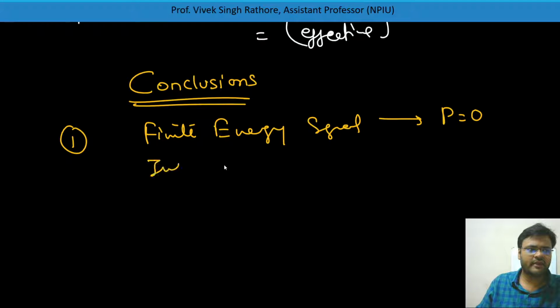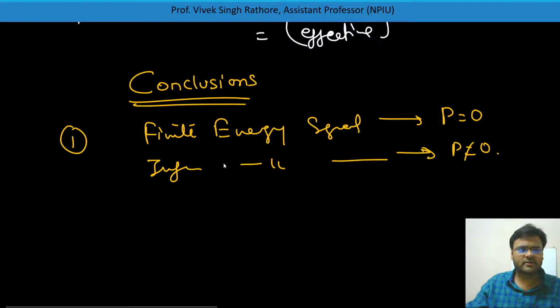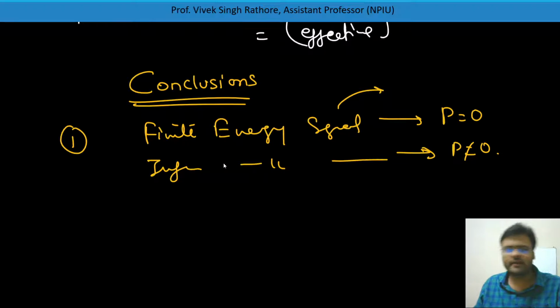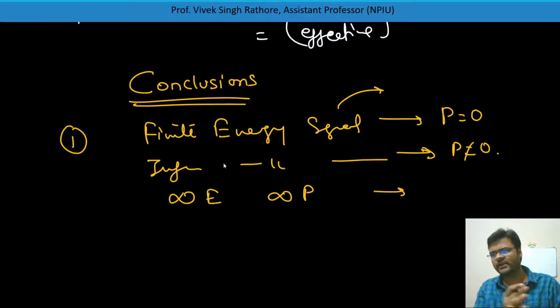For an infinite energy signal, power will not be equal to 0, it will be some finite value. The first kind of signal is called an energy signal, and this kind will be called a power signal. And I told you, a signal which has neither finite energy nor finite power will be neither an energy nor a power signal.